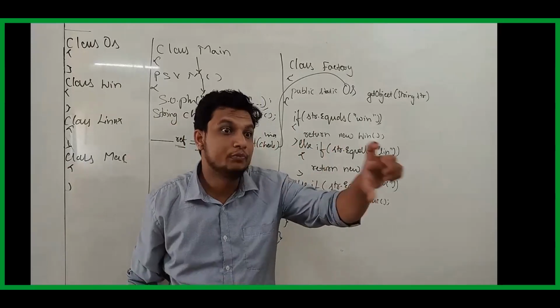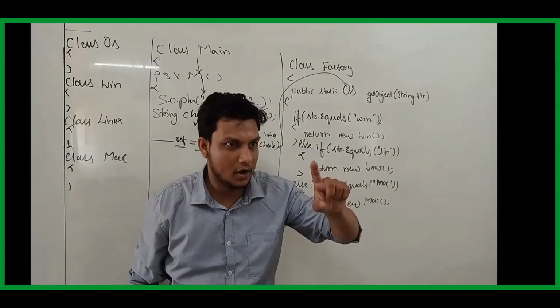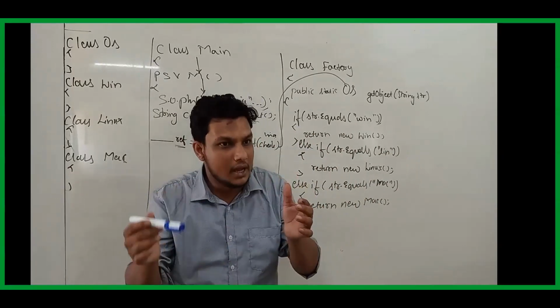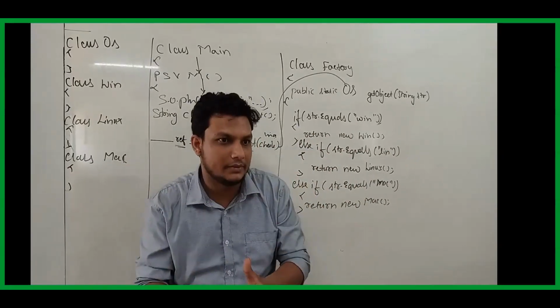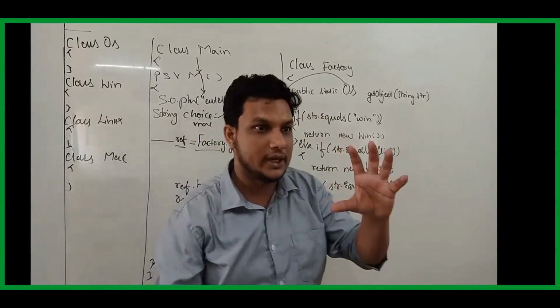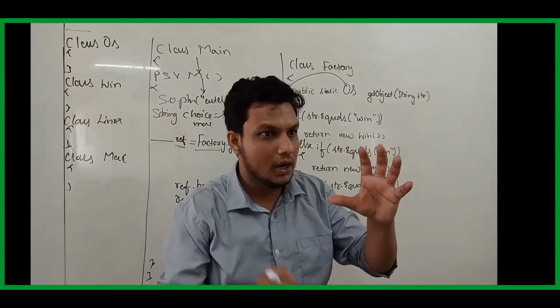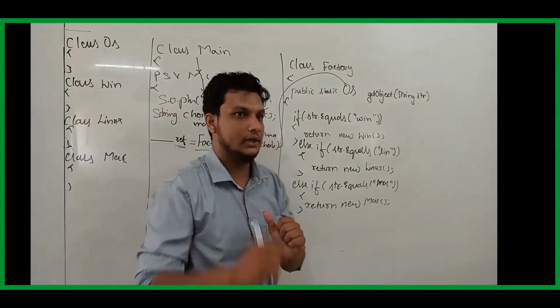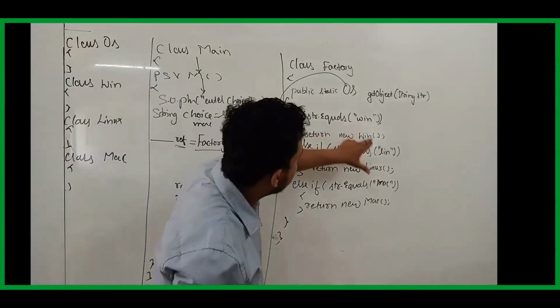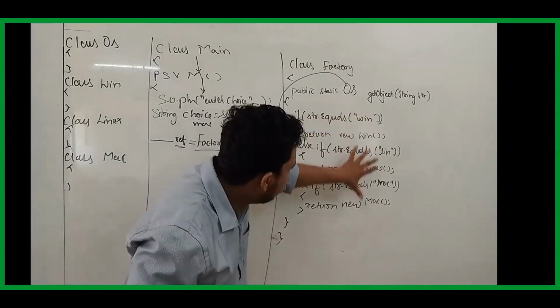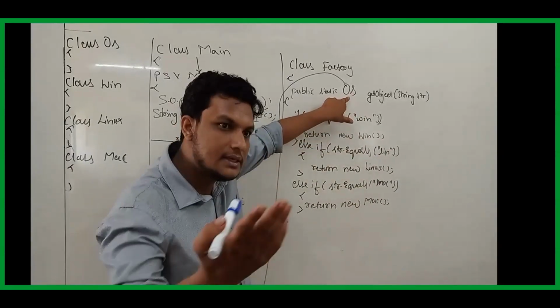Object array. Remember object array? Why? Because integer, string and boolean, whatever the data types are, all are child data types of the Object class. So I showed you that all the child classes can be stored in the parent reference. Like that only, here Windows, Linux and Mac are the children of OS. Then definitely they can be stored into OS. Yes, it is possible.